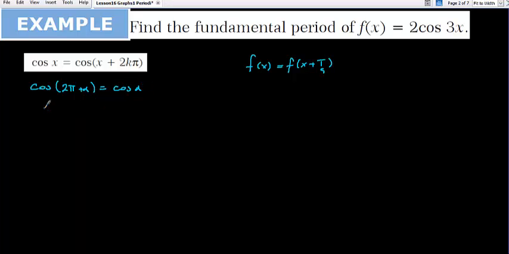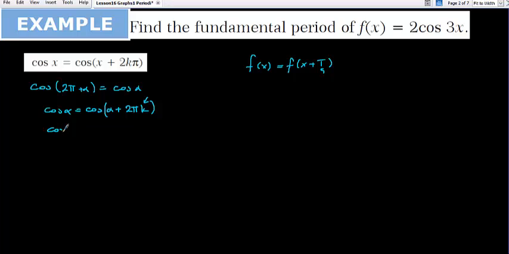In another word, cosine alpha is equal to cosine of alpha plus 2 pi k. This k is showing the number of turns around the unit circle, so that's why the k value is not exactly important for the alpha value.